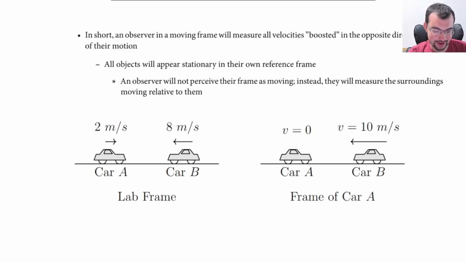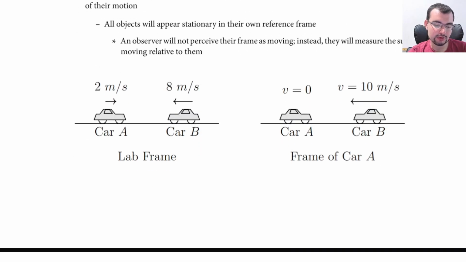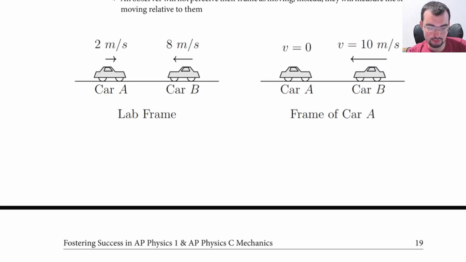So in the lab frame, somebody sees car A moving 2 meters per second left, car B, sorry, cannot read, car B moving 8 meters per second left. Now, if I go to frame A, we can think of giving everybody a boost opposite of car A's velocity.